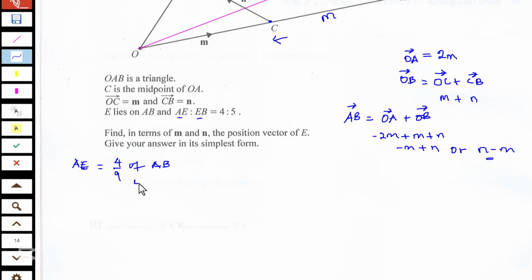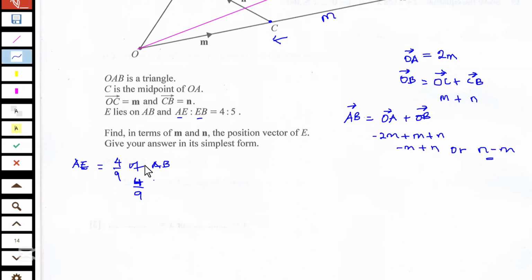And 4 over 9 of AB means 4 over 9 times AB, which is n minus m.